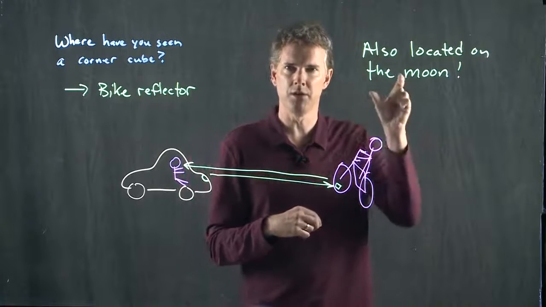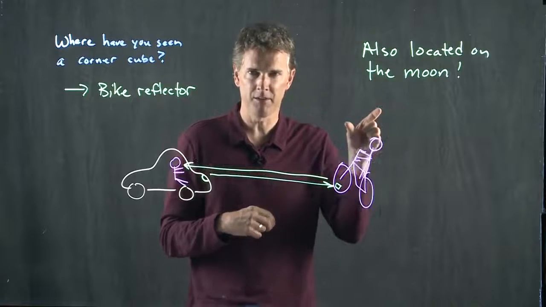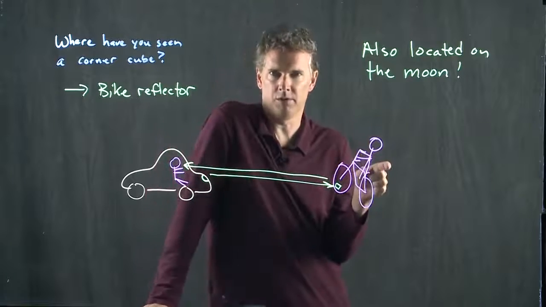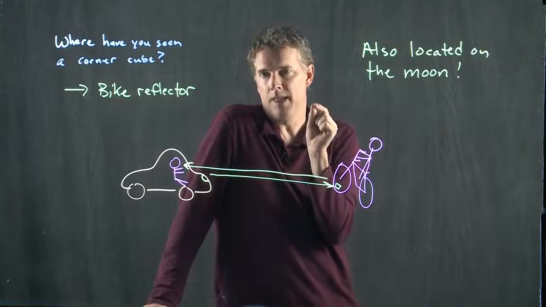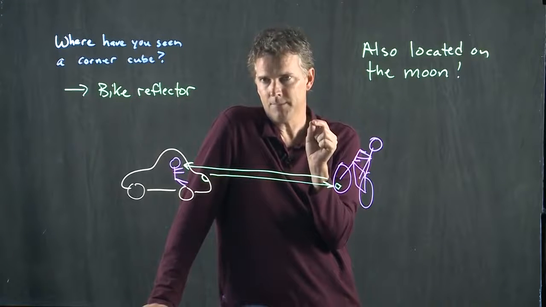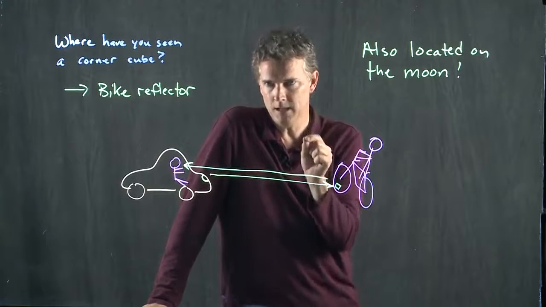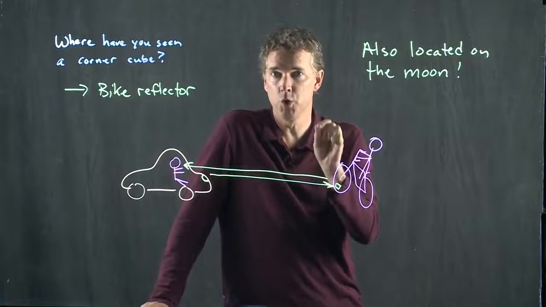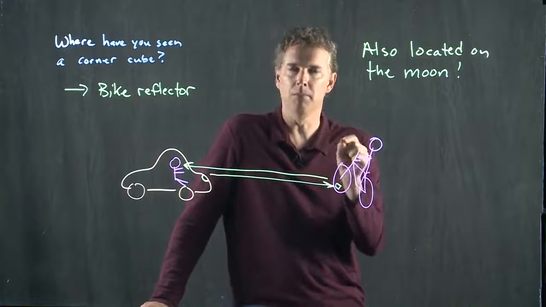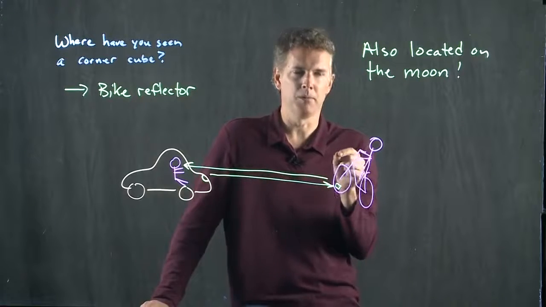And so you can measure the distance very precisely to the moon. And there was a talk recently about this. And the precision of that measurement currently is 0.8 millimeters. We know the distance from the Earth to the moon to within 0.8 millimeters, which is sort of remarkable when you think about it.